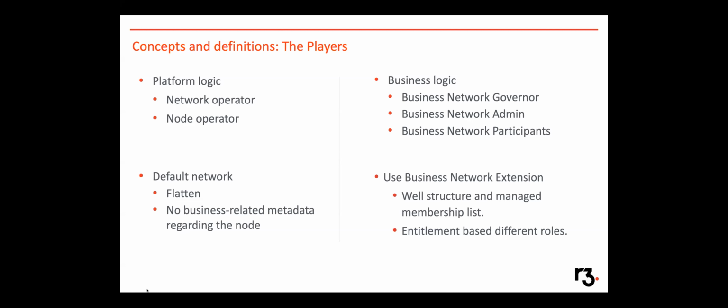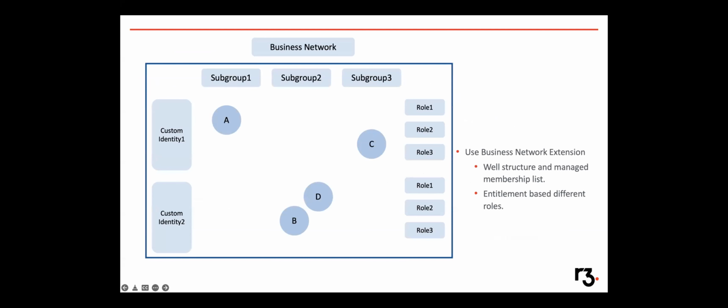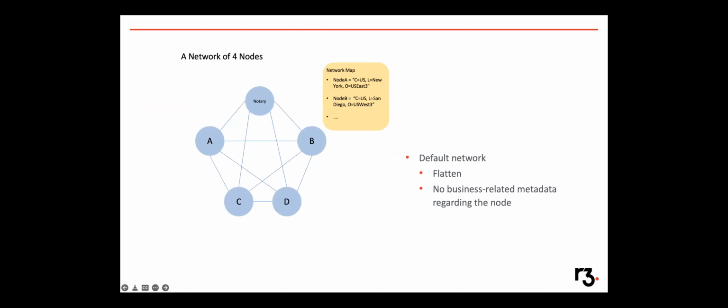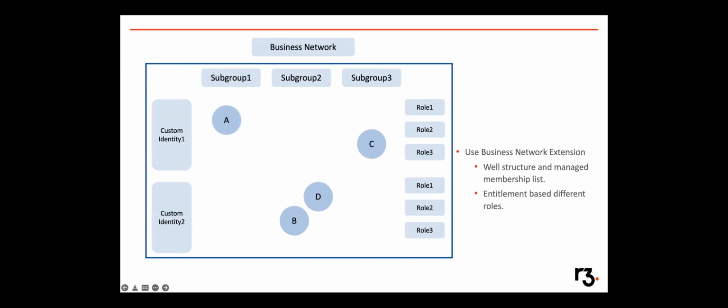I will show you a quick example. This is the example of what I'm talking about. With the business network SDK extension, you can still have the same nodes A, B, C, D. We have 4 nodes, and those are still the same nodes from the flattened structure, but now we can put them first into different groups.